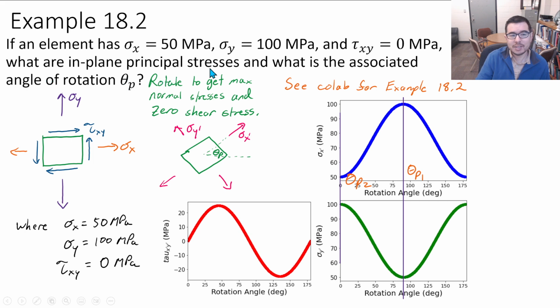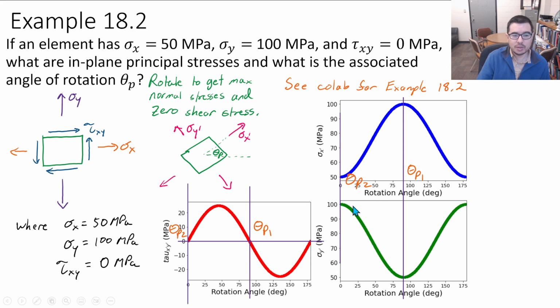So it's kind of a silly question, because what we're saying is, tell us what you have to do to rotate to get in-plane principal stresses. And if you have no shear stress, like we're showing here with this particular orientation, we don't have to do any rotation. So if we just stay at 0, we're fine. Okay, so 0, 0.